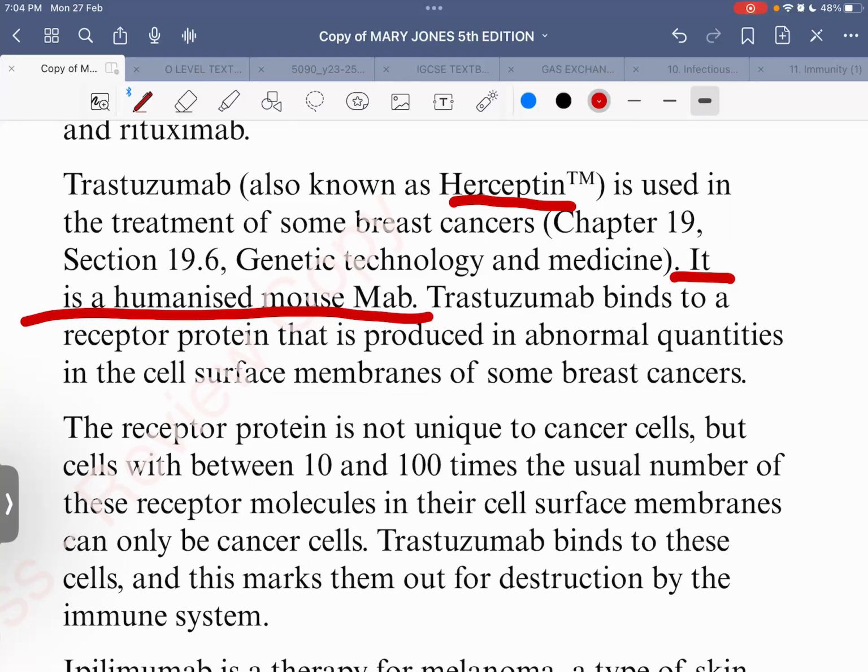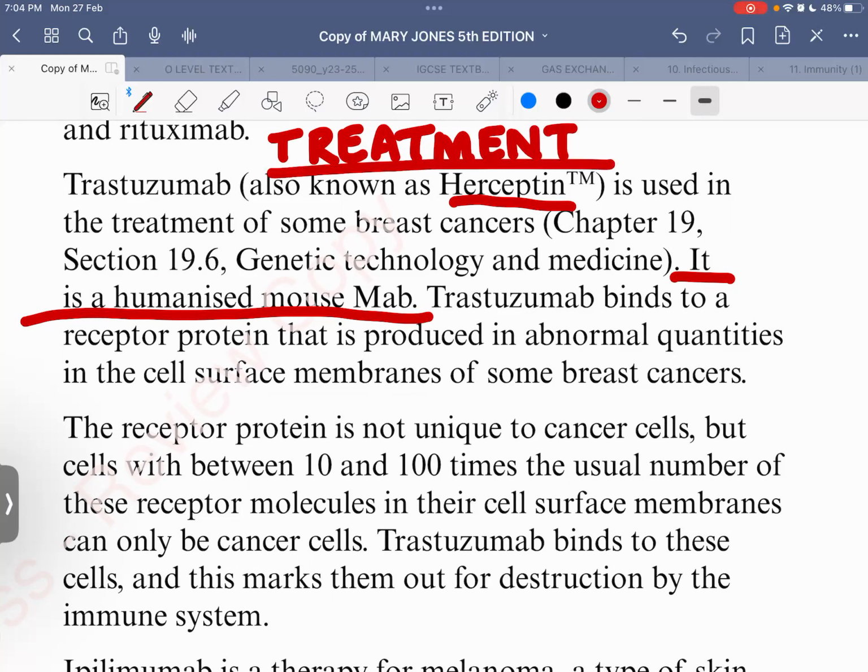So right now we are doing a discussion on the treatment of diseases using MAB, and the first example that we are doing is Herceptin, used for treating breast cancer. Let's see how it does. Herceptin, इसका नाम मैं नहीं ले रही, इतना लंबा सा नाम है, we can just say Herceptin.